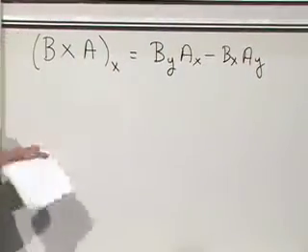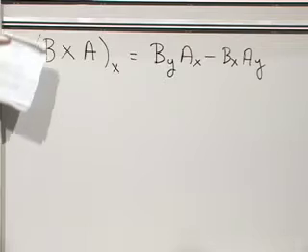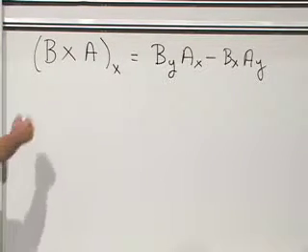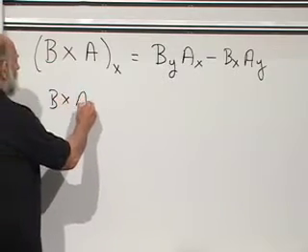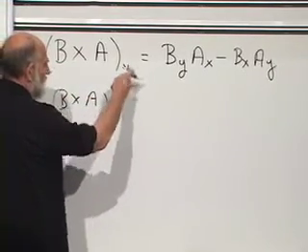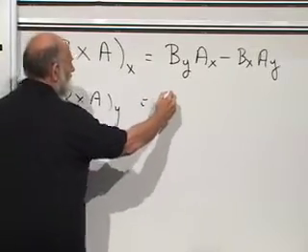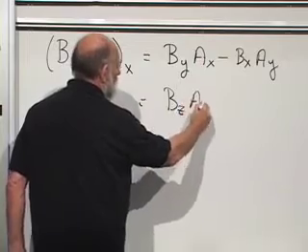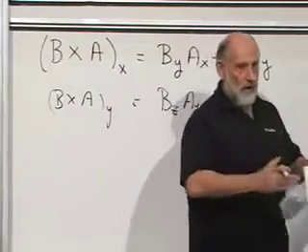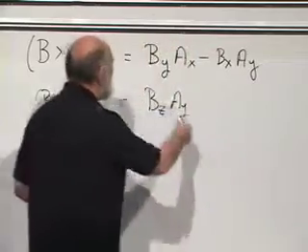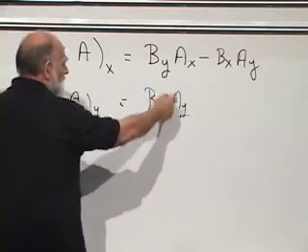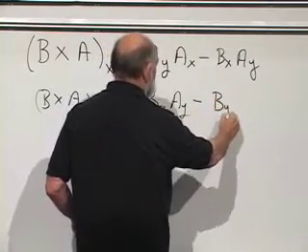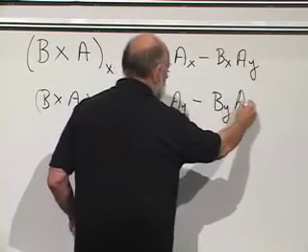Now if you want to find the other components, you just cycle through x, y, and z. The route is x to y to z, z back to x. So for the y component: bz ax minus bx az.